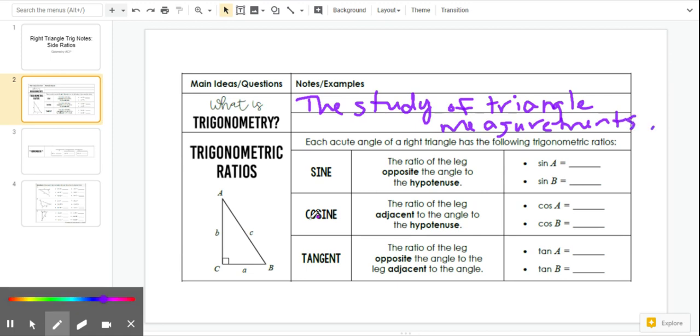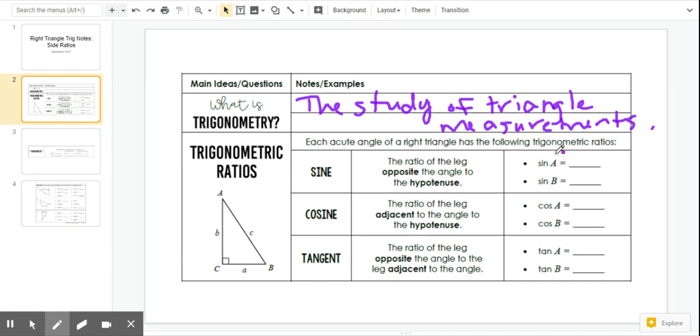So in geometry, we're basically going to work with these three trig ratios called sine, cosine, and tangent. Each acute angle of a right triangle has the following trigonometric ratios. First one is sine. The sine of an angle is the ratio of the leg opposite the angle to the hypotenuse.